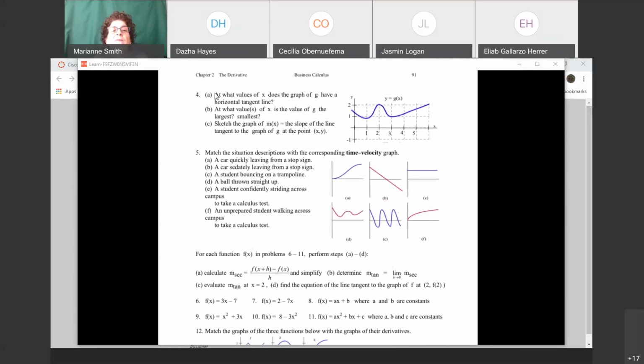At what values of x does the graph of G have a horizontal tangent? And there's the graph of G right there on the right. So what x values do you think you've got a horizontal tangent? That means a tangent with a 0 value. Anybody have any ideas? Even if you can pick out one, that's great.